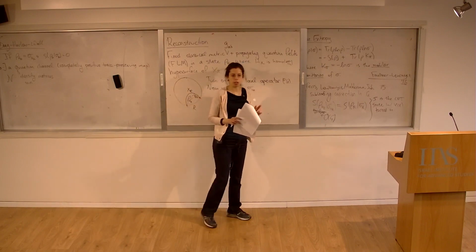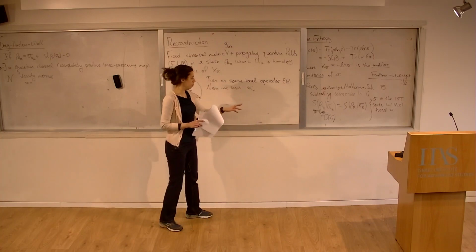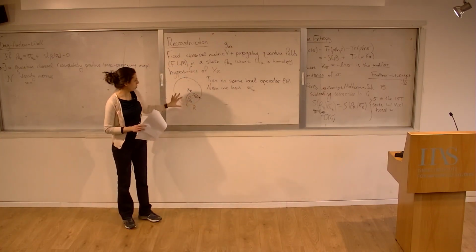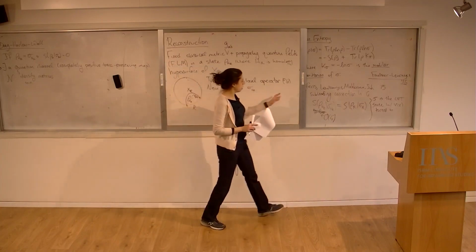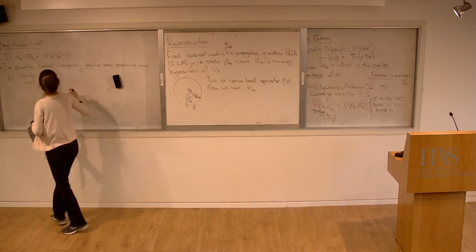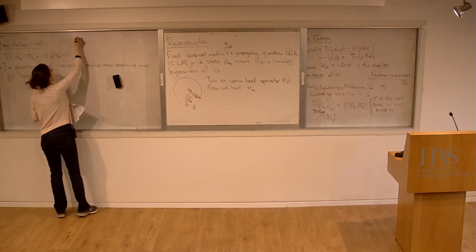We don't want to create a black hole in the bulk by acting with some very heavy operator here. So in particular, the whole story I'm telling you is going to be valid for a subspace.